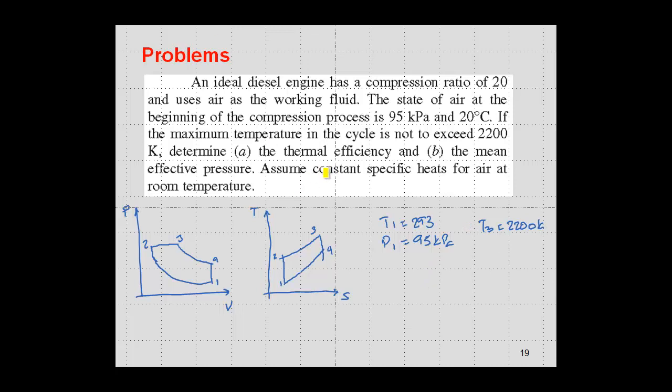And please notice that we are asked to have constant specific heats. So that means 2 things. We're going to use our isentropic relations to correlate volume with the pressure and temperature. And second is that we will need to find out in tables. We can find in table A2 and A3 the values of our specific heats.